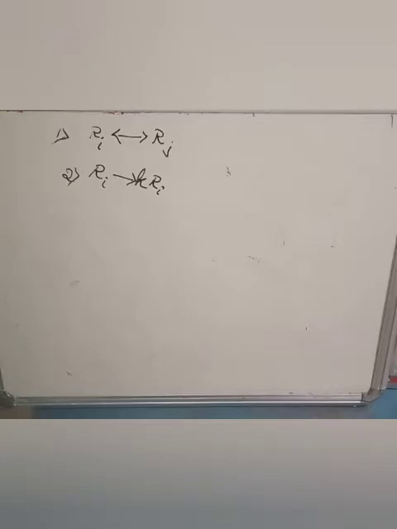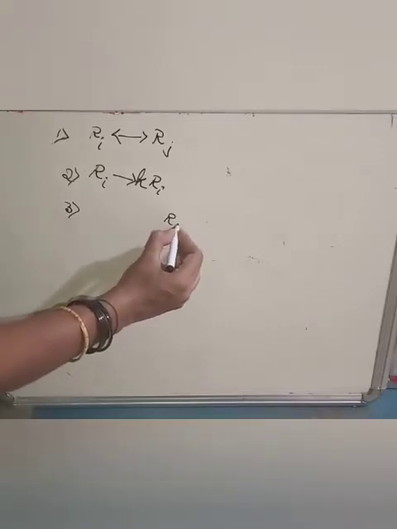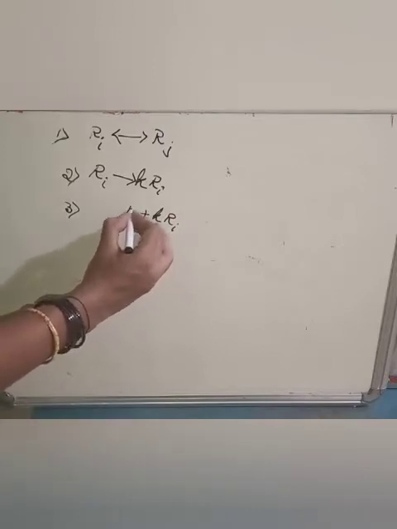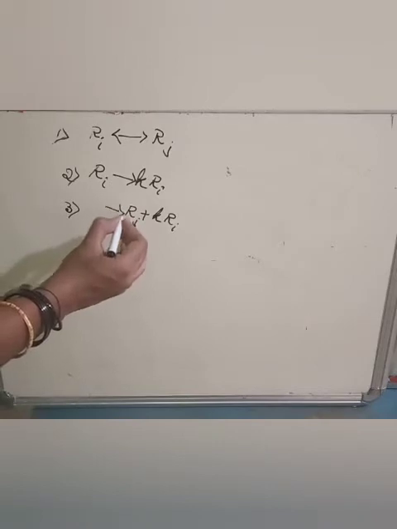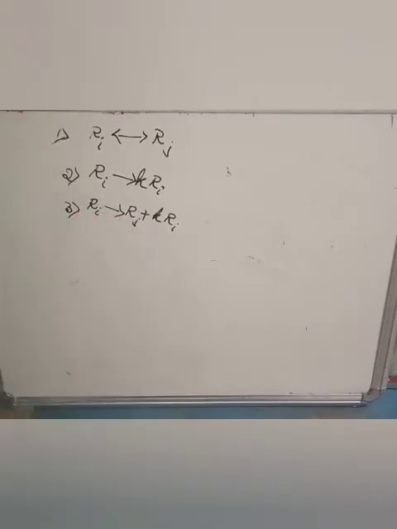So this is the second elementary operation. And the third one: a row is multiplied by a constant k and added to any other row, resulting in either Ri or Rj. So these are the 3 elementary row operations.